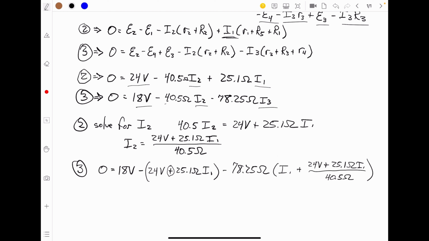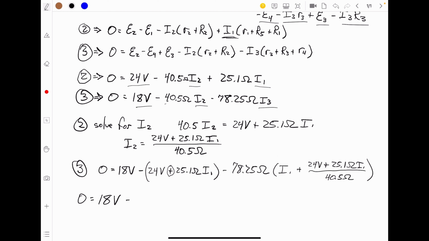All right, that's going to give us an I1, and once we've got I1, we're good. Let's simplify this a little bit. We're not to the point of actually throwing things around.